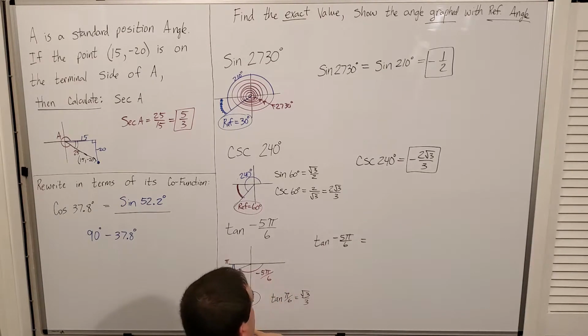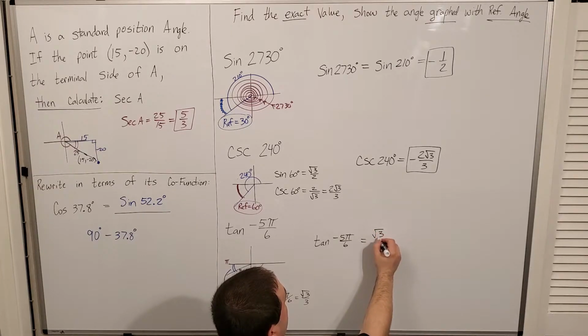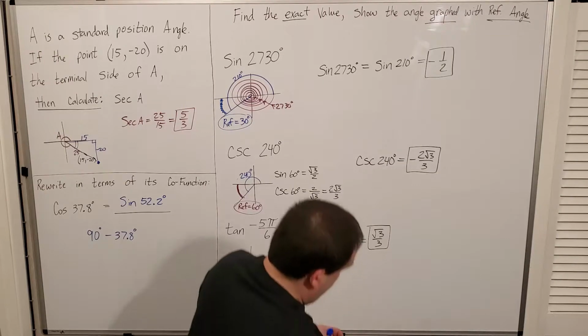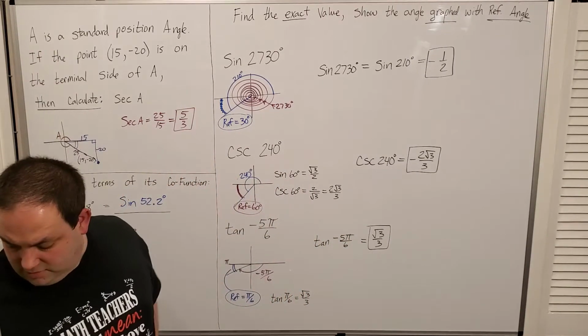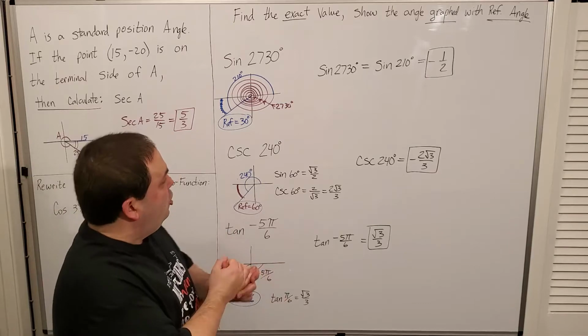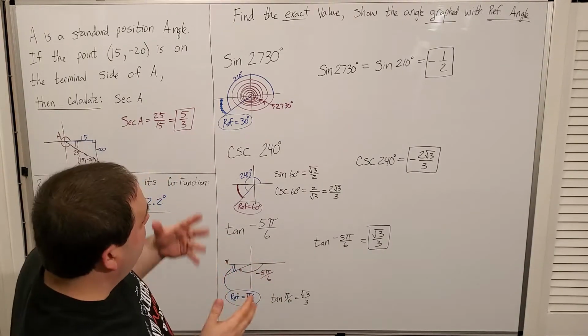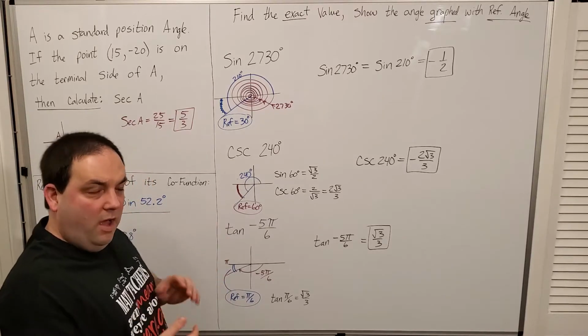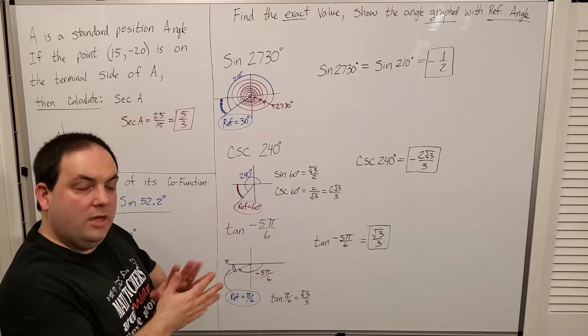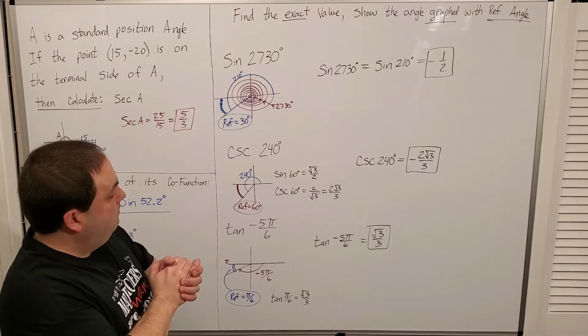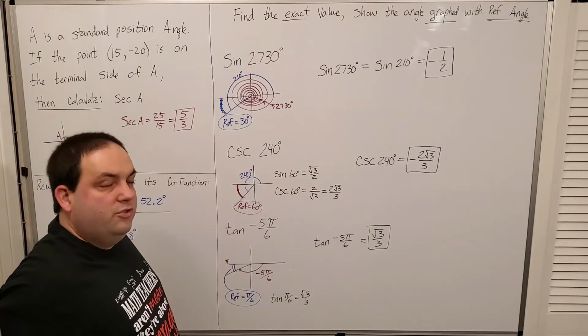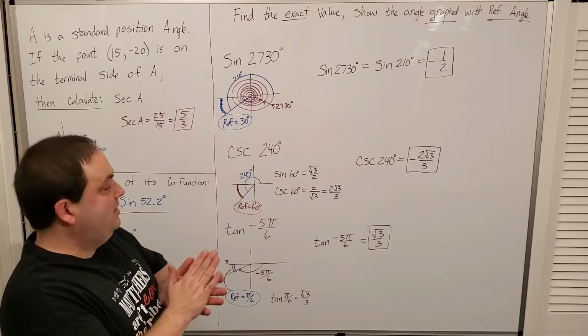And the reference angle is pi over 6. So this is just positive square root of 3 over 3. Okay, so those last three are based off of knowing the memorized angles, right? The 30, 60, 45 type angles, the 0, 90 ones as well. And then also understanding how to throw out the reference angles on these things.